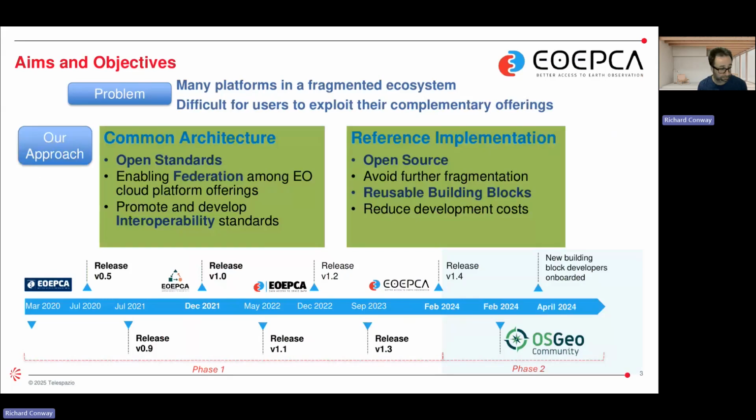Between those two phases, at the end of phase 1, we took the opportunity to reappraise, to take a critical look at the architecture and to assess whether we needed to refresh those building blocks, perhaps with a different implementation, or indeed to augment the building blocks that we already had with additional capabilities. So as part of that process, since 2024, we have a new set of providers and an ongoing and increasing set of building blocks within the project.